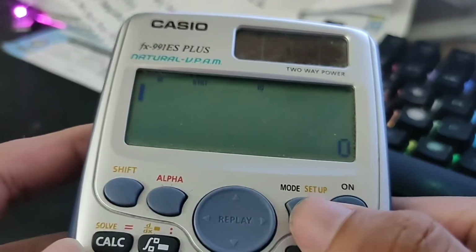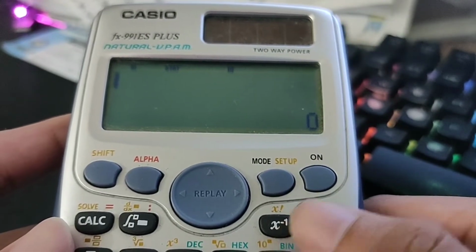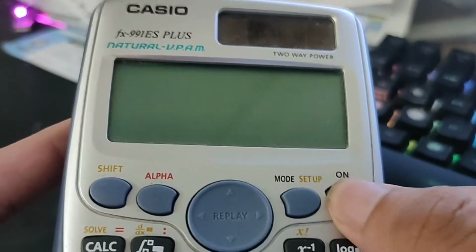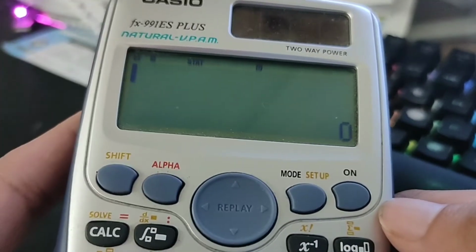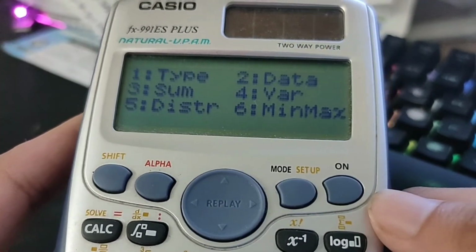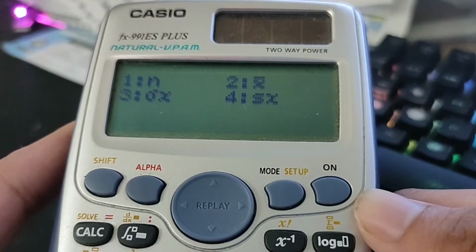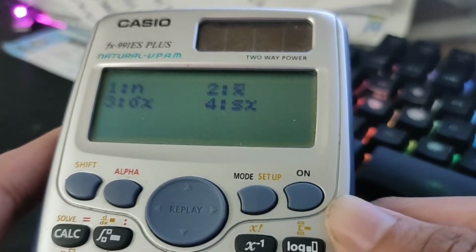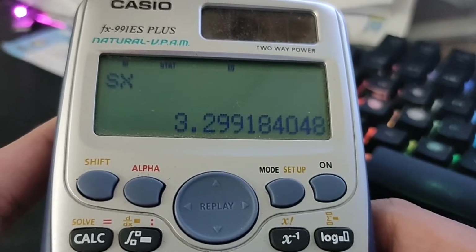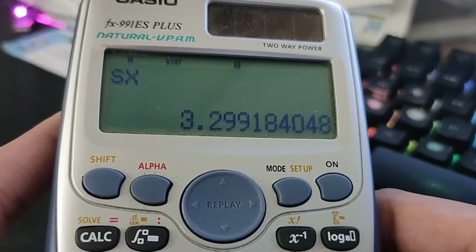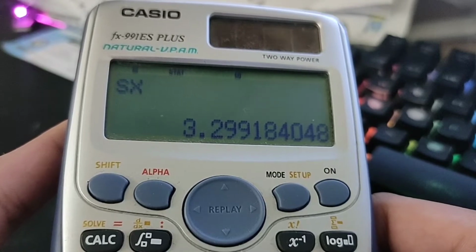Now to get the sample standard deviation, press AC, and then shift, and then stat, and then var, and then sx, which is the sample standard deviation, and then equal sign, 3.29. That will be our sample standard deviation.